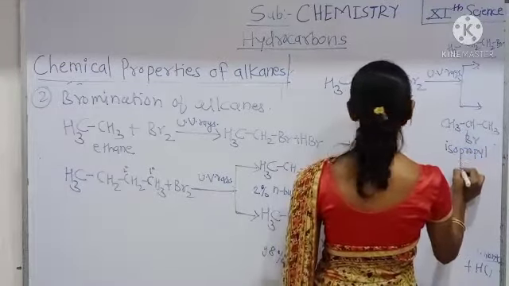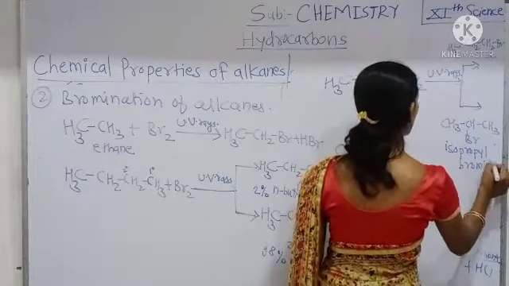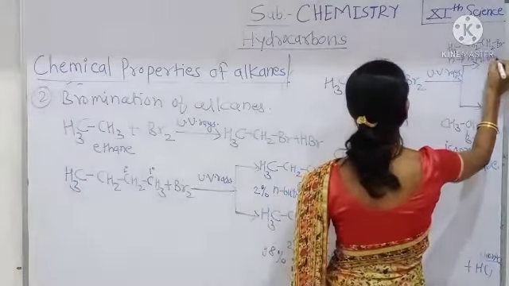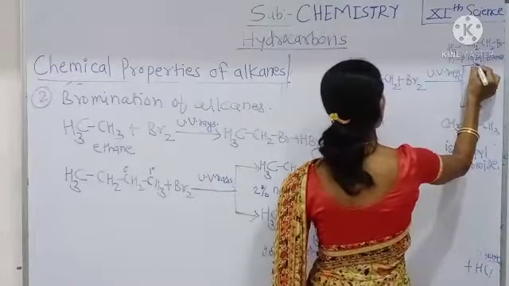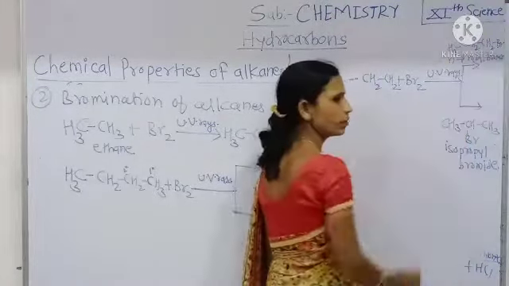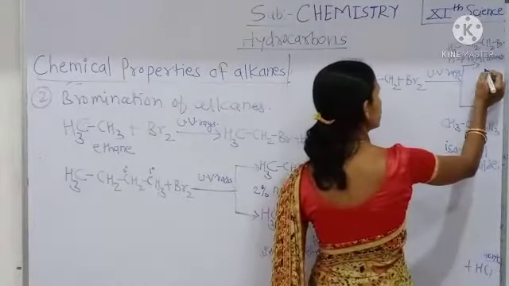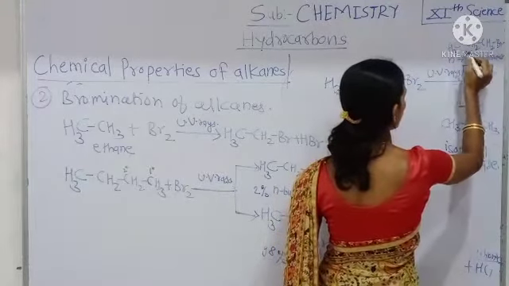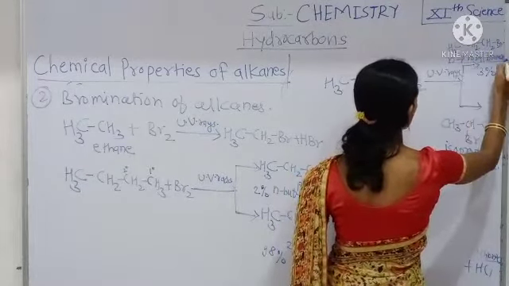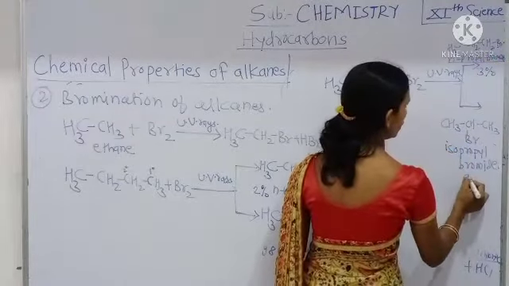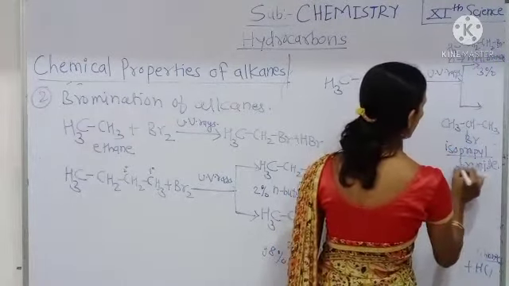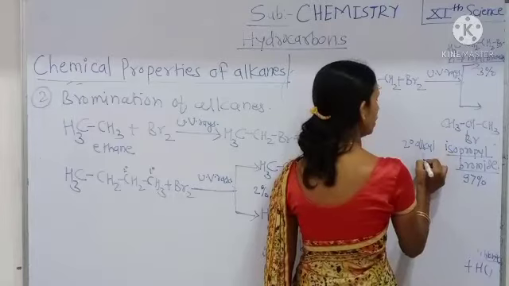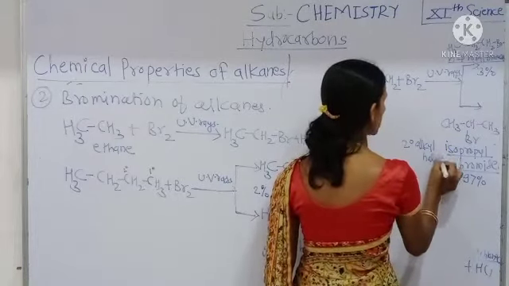Isopropyl bromide formation takes place, and n-propyl bromide formation takes place, which is a minor product. Here 3% of n-propyl bromide is formed, while 97% of isopropyl bromide, that is the secondary alkyl halide, is formed.